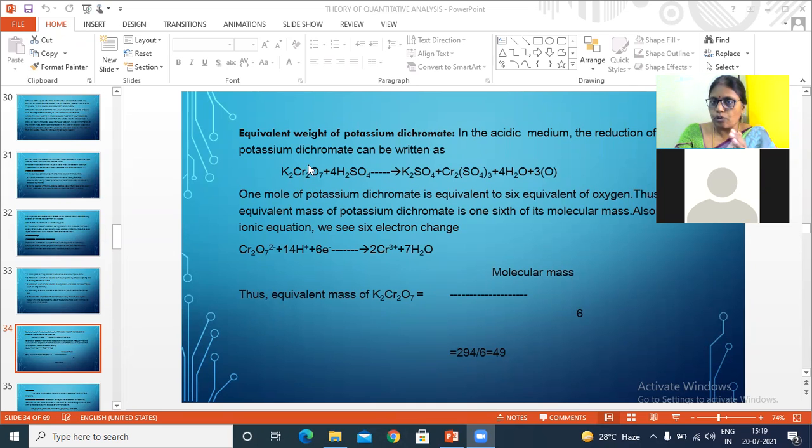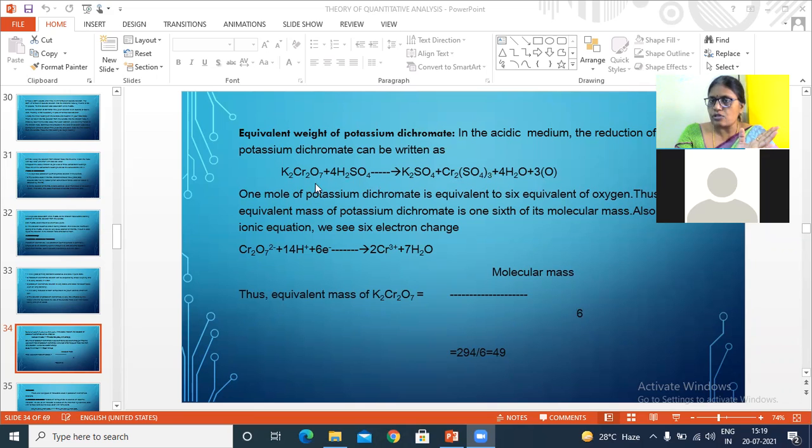If potassium dichromate is converted to chromium sulfate, as an oxidizing agent generally, you should find the oxidation state of chromium in both potassium dichromate and chromium sulfate. The difference in the oxidation state of these two compounds is treated as the oxidation number when we find the equivalent weight of potassium dichromate.